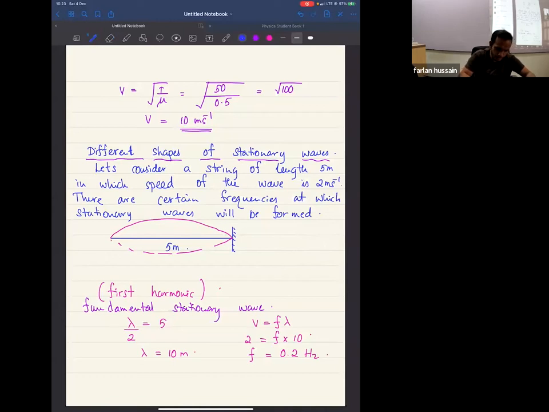Okay, take down this one, draw the pattern, and then label it the first harmonic or the fundamental stationary wave and find the frequency.